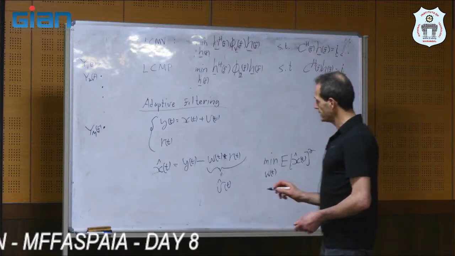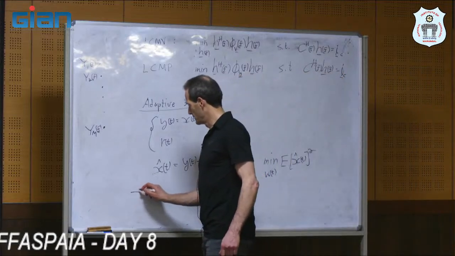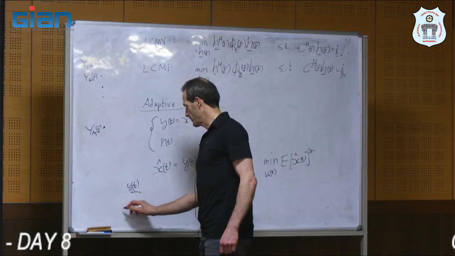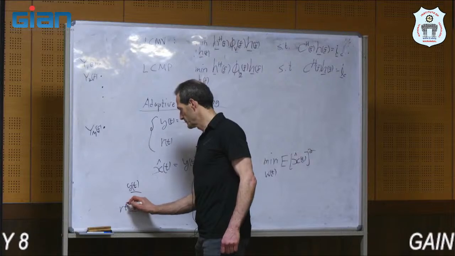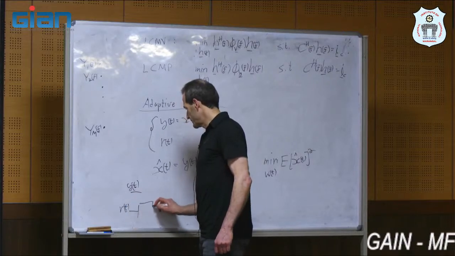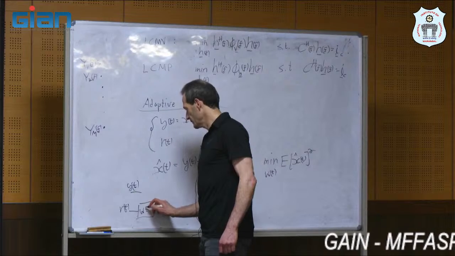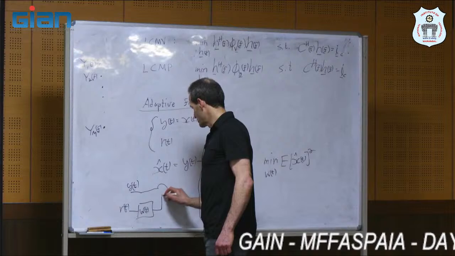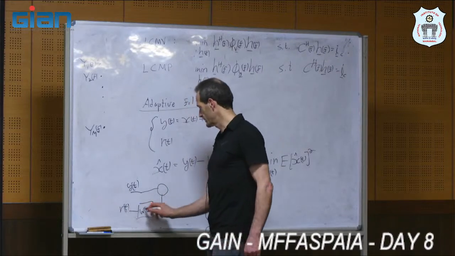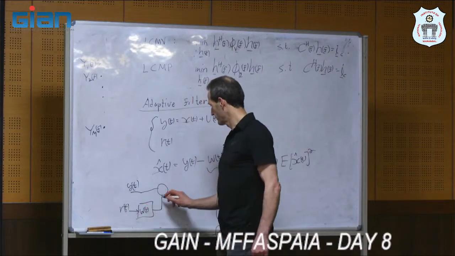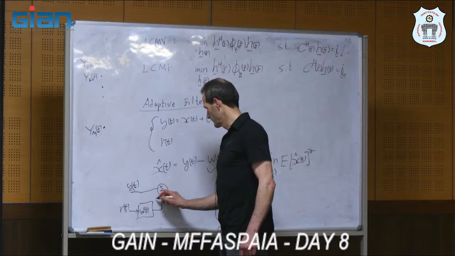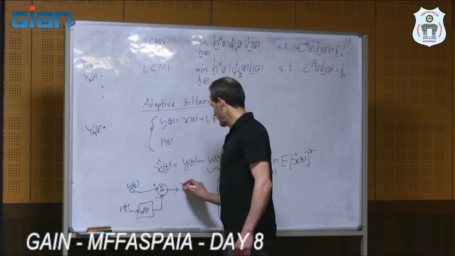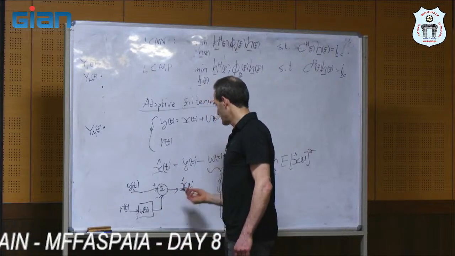So how do we do that? Suppose that we have a noisy measurement, and we have a reference channel. We can find a filter w(t) such that y(t) minus r(t) convolved with w(t) will generate an estimate of the desired signal.